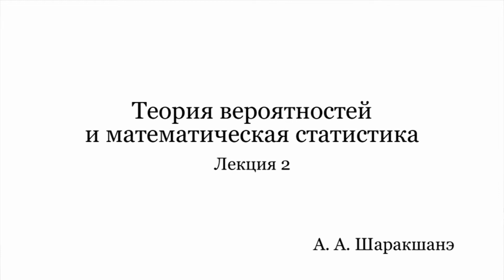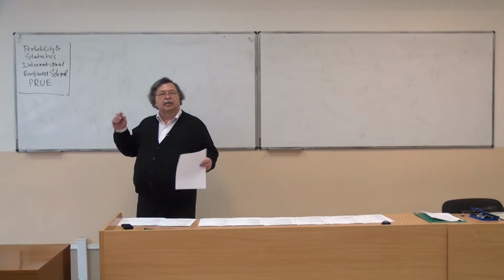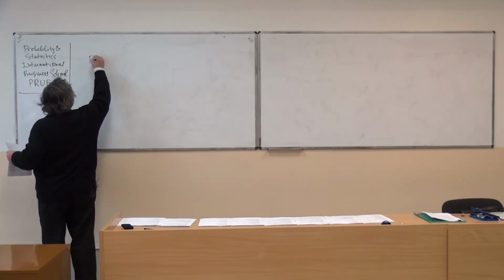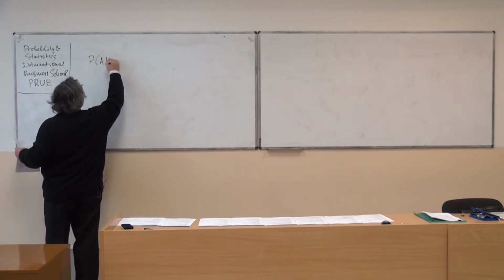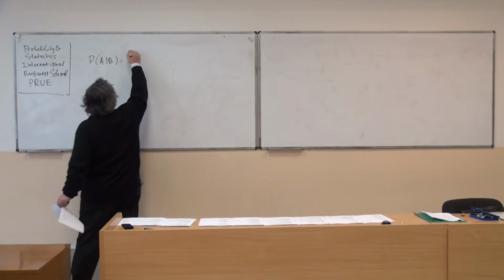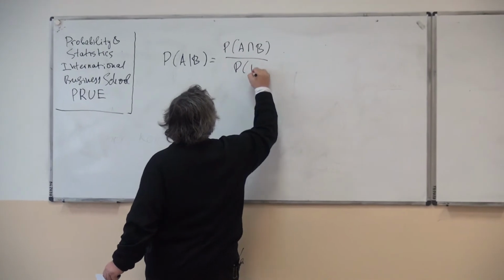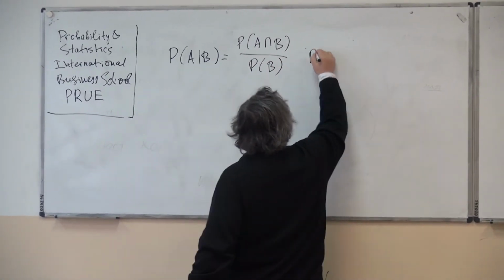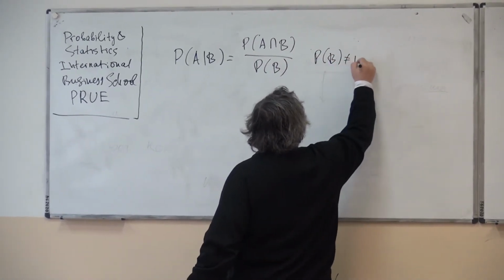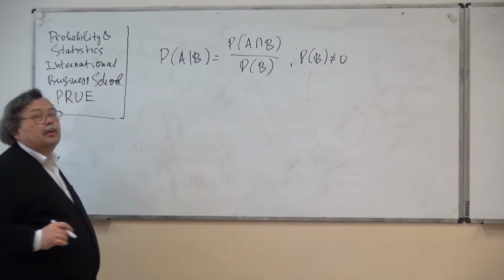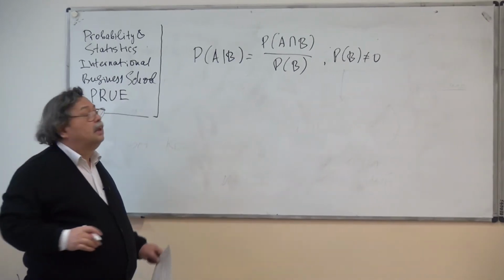Last time I just started talking about conditional probability. Let me write again the formula that was the last to be written last time. It's this. Okay, now this is the formula for conditional probability.